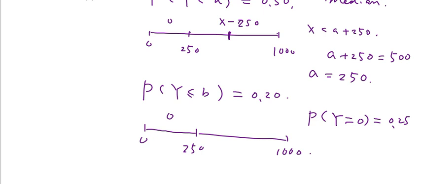So we say the 20th percentile is any point here, so we can say b equals 0. So a minus b equals 250 minus 0.